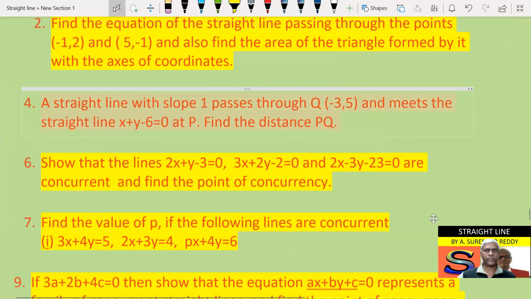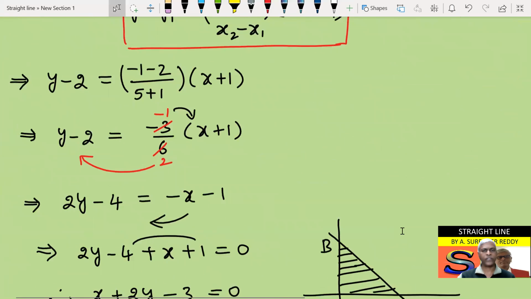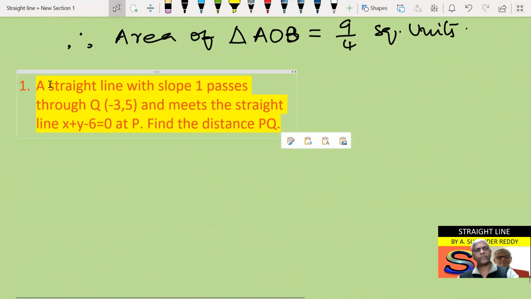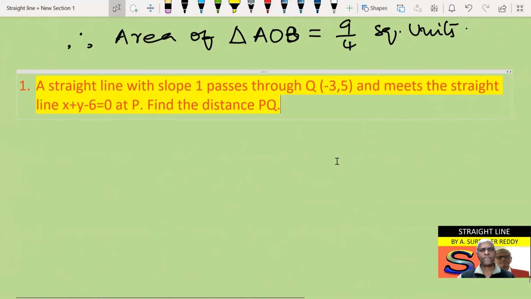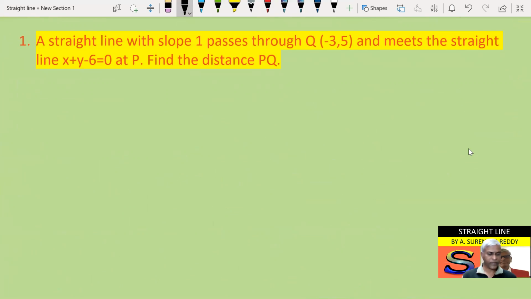We did such problems before. Now again let us do it. For this also two methods are there. A straight line with slope 1 passes through a point Q and meets another straight line at P.